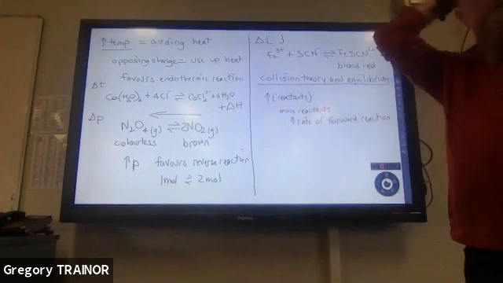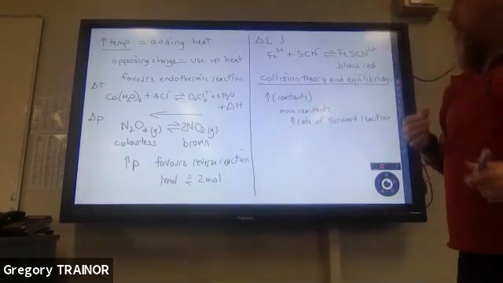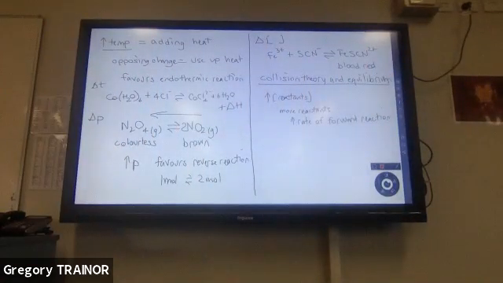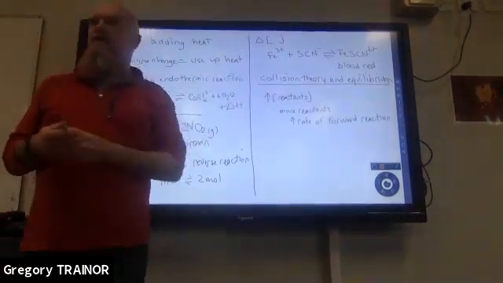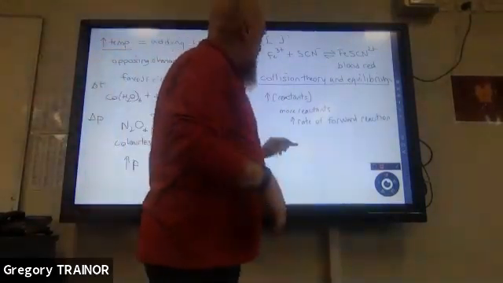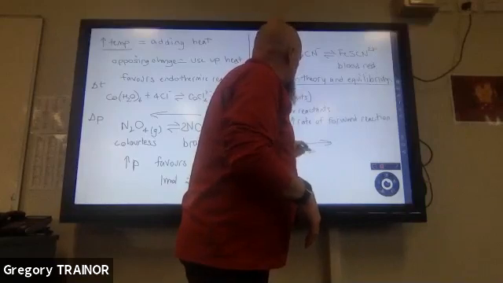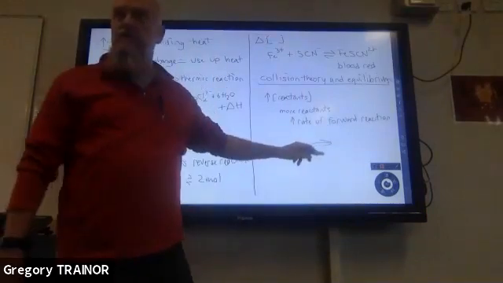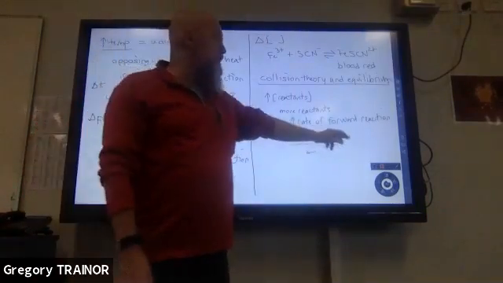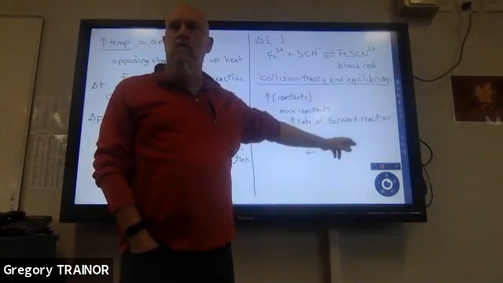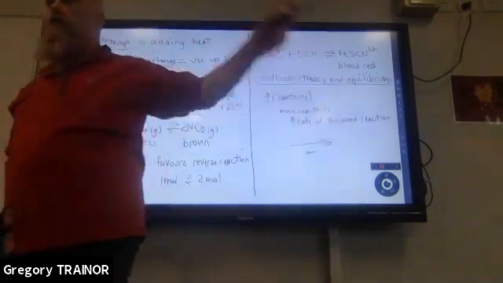So you're increasing the rate of the forward reaction because you've got more particles. Remember rate is proportional to the concentration of the particles. So you have more reactant particles, that will make the rate of the forward reaction faster. So you now have a rate that looks like this. You've got a lot of forward reaction and not much reverse reaction. Now, what's going to happen to the amount of product particles? It will increase.